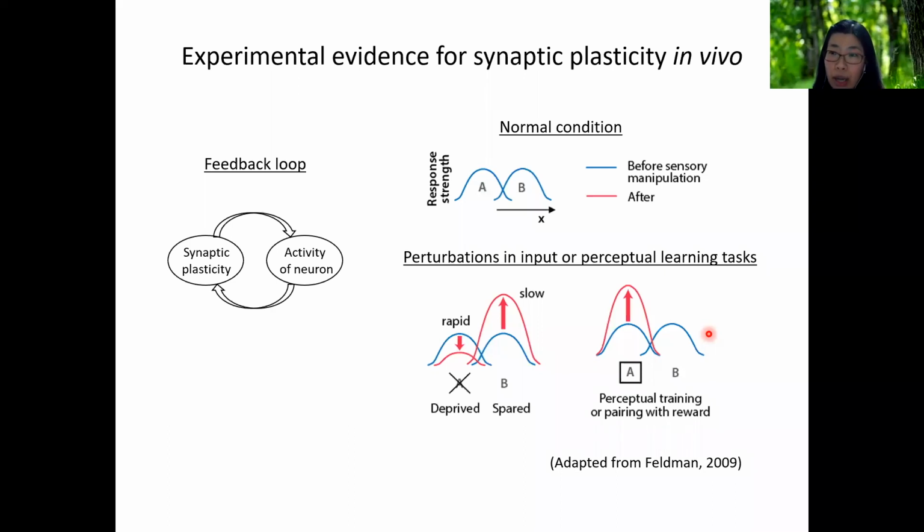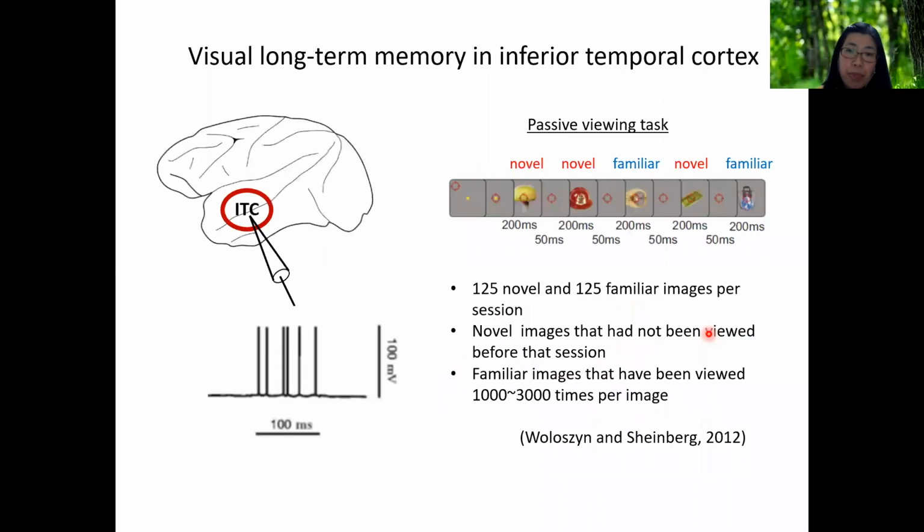So here the question I want to address is what synaptic plasticity rule in a cortical circuit we can best infer from the data, and also how it shapes the network activity and dynamics.